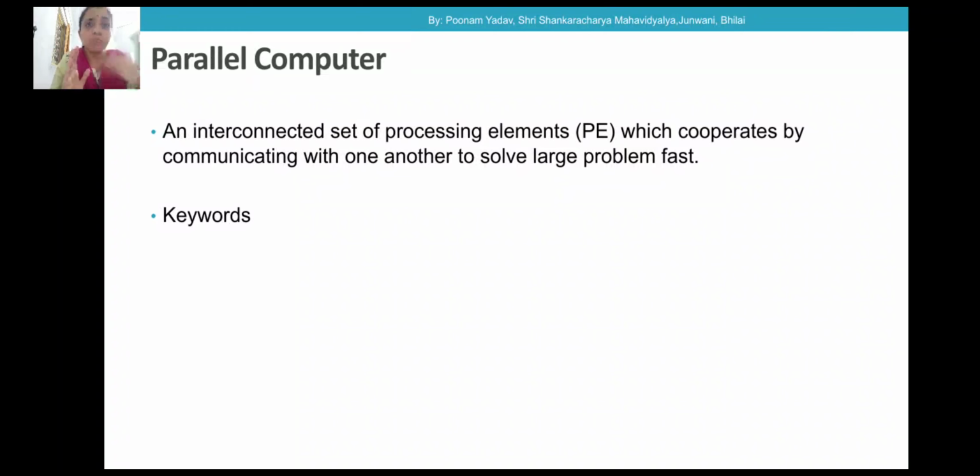Before starting the parallel computer concept, I'll give you some examples of why we need parallel computers. For example, environmental analysis, weather forecasting, astrophysics, aerodynamics, or in the fields of artificial intelligence, computer vision, and supercomputer modeling.